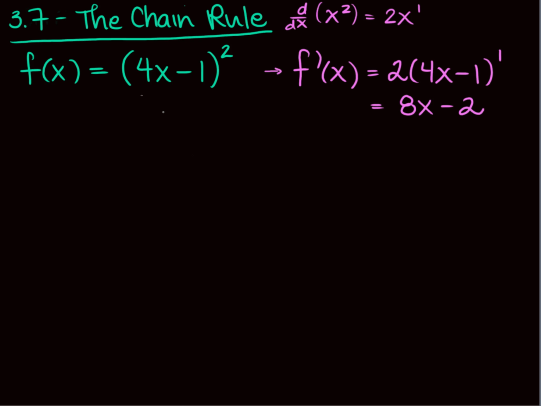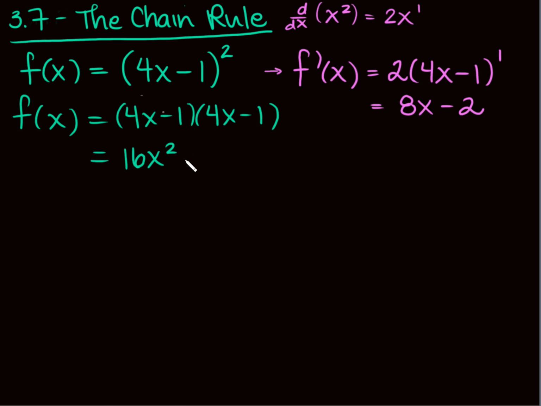Well, we know f of x, and this is kind of how we talked about the product rule. I know that I can FOIL this out, and we believe in foiling, right? So if we FOIL this out, that'll be 16x squared minus 8x, and then plus 1.